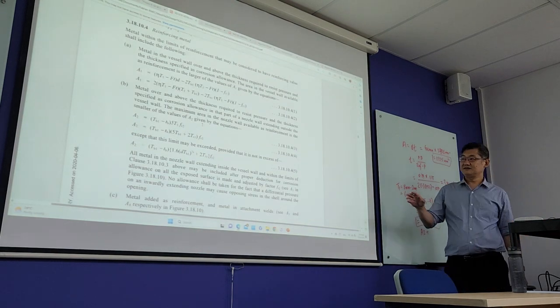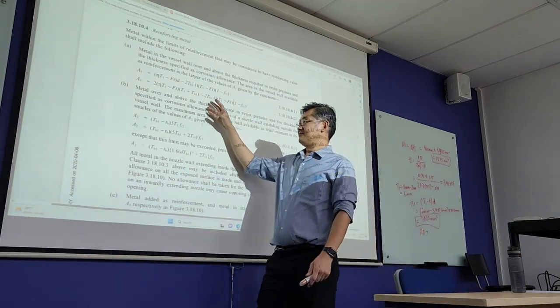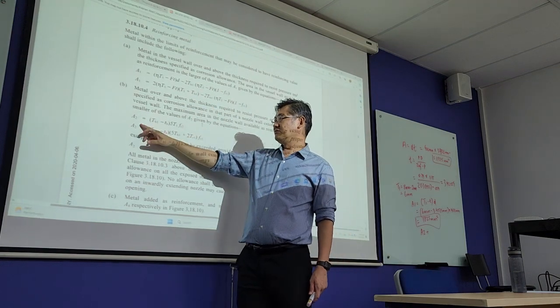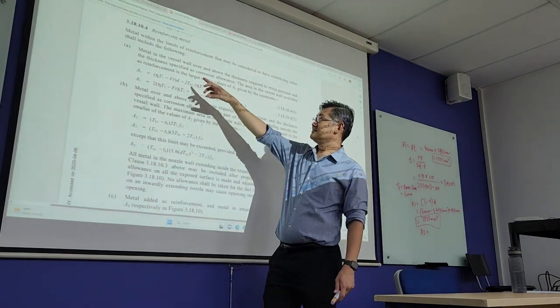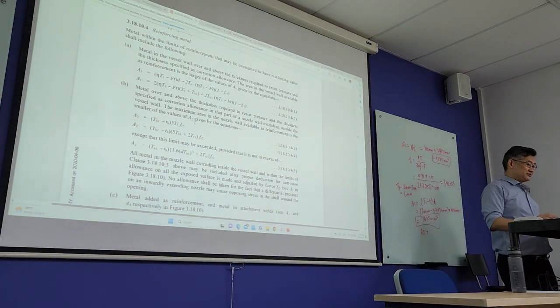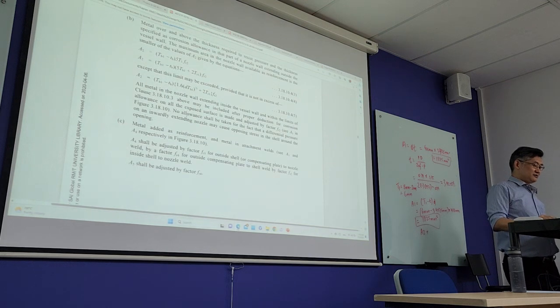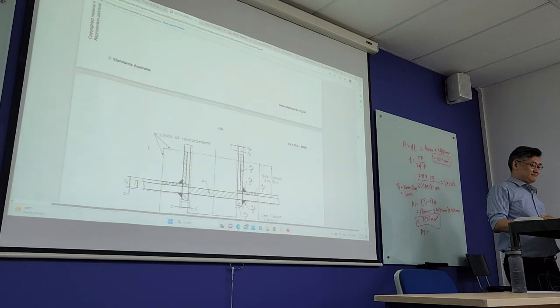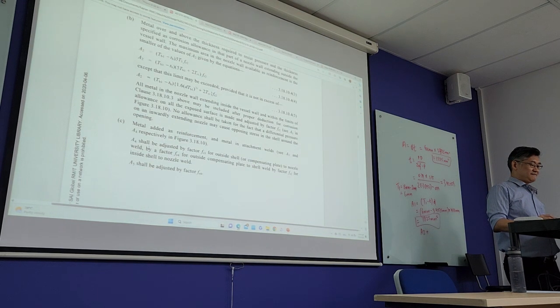Over here, this is the equation. Right now you know how to do A1, as I explained. If you don't know how to do A2, A3, all these under clause 3.18.10.4 will show you how to calculate A2 and A4. Metal added as reinforcement and metal in attachment welds are A5 and A4 respectively.